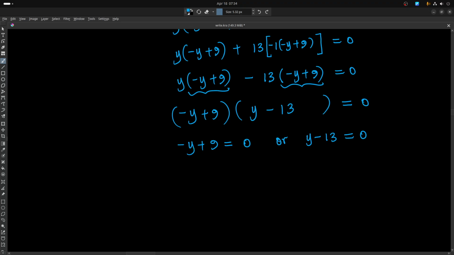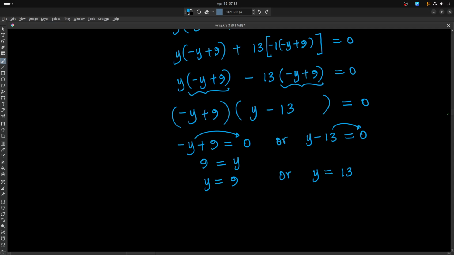In this first case, let's just take this y to the right. So basically we are going to have 9 is equals to y. So this means that y is equals to 9. Or in this second case, let's take the 13 to the other side. So we are going to have y is equals to 0 plus 13, which is 13. So these are the values of y for our equation.